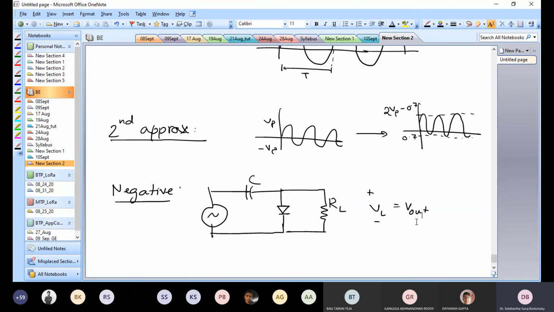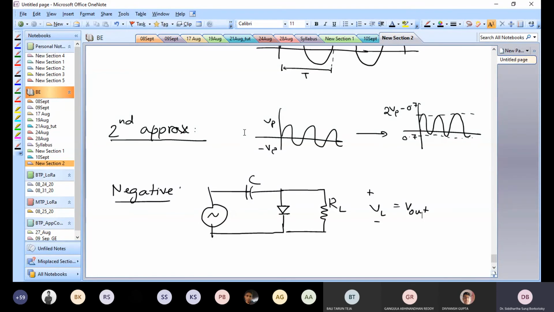So any questions on clampers? Yeah, I would request that you go through any literature you can find on clampers to get this clear, because clampers typically are a little harder to understand as compared to clippers.